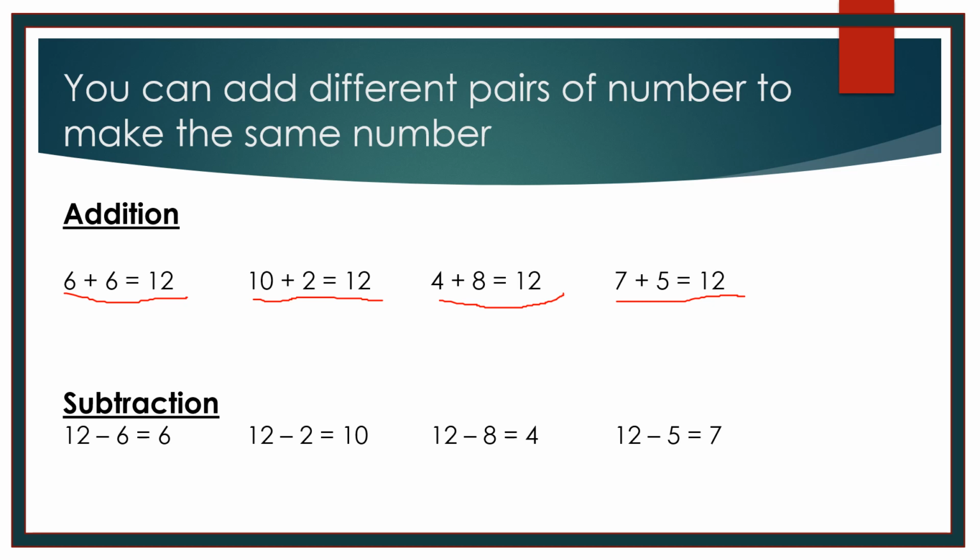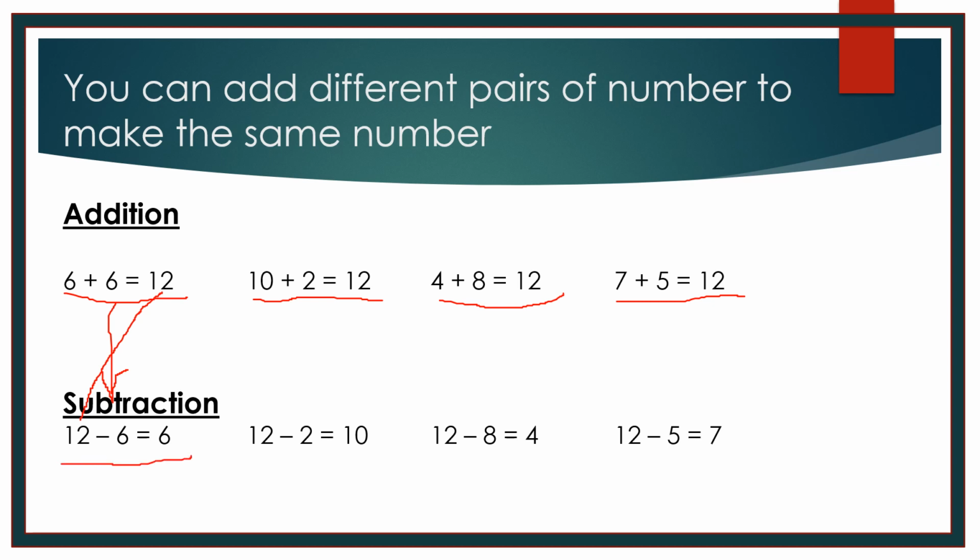So, in the subtraction, we will be using the same example that we used in addition. I took my answer here because that is the biggest number. 12 minus 6 is 6.